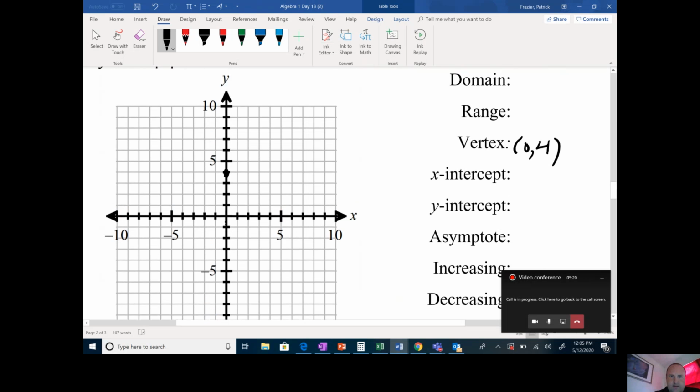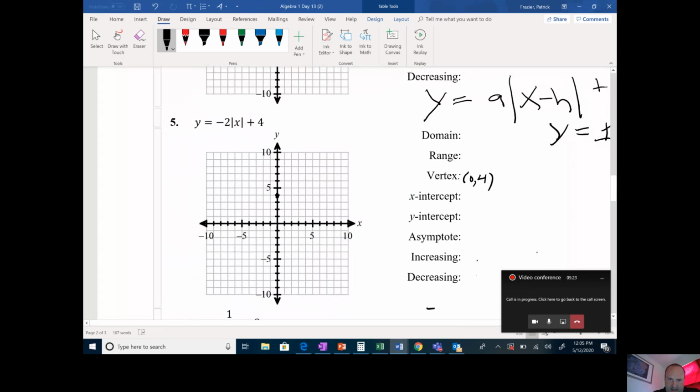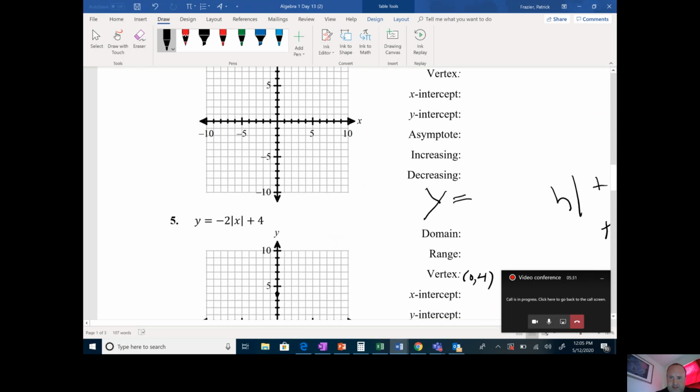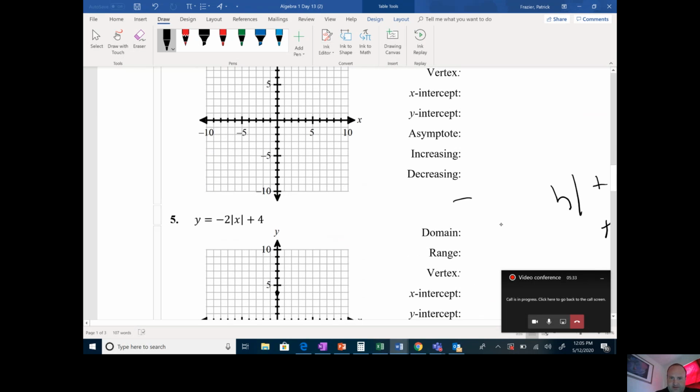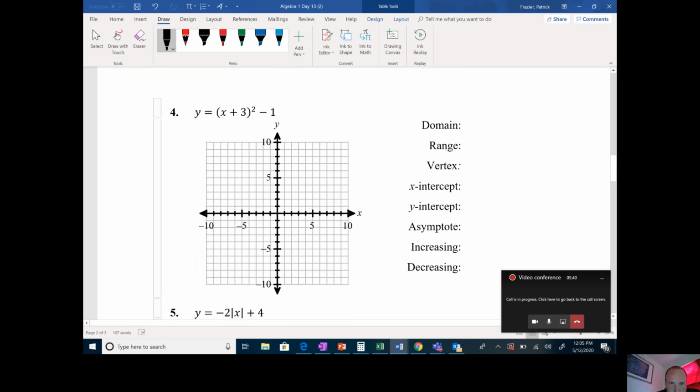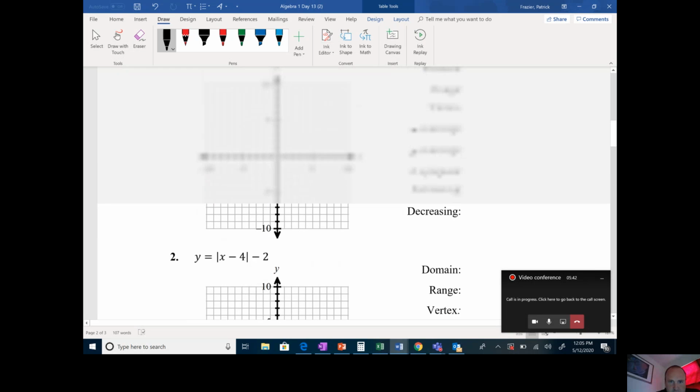And then because a in this case equals negative 2, we're going to erase some of this. We're going to move down. Where am I?